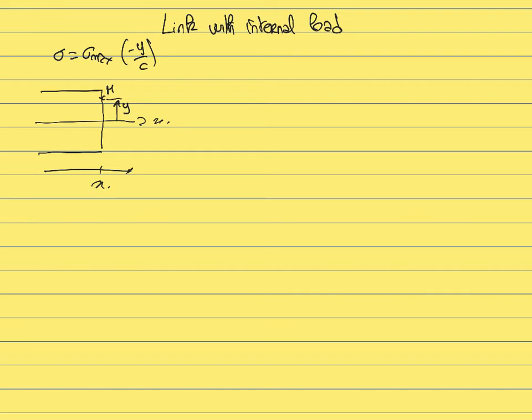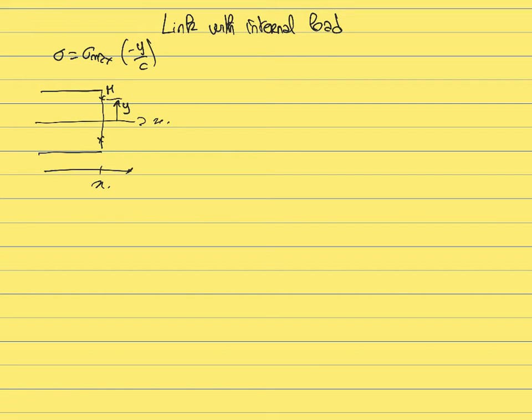When y is positive, that is to say when M is on top of the x-axis, then the stress is negative. You are under compression. And when y becomes negative, that is to say when M is at the bottom half of this beam, then the stress is going to become positive, which means that now the beam is going to be locally under tension.